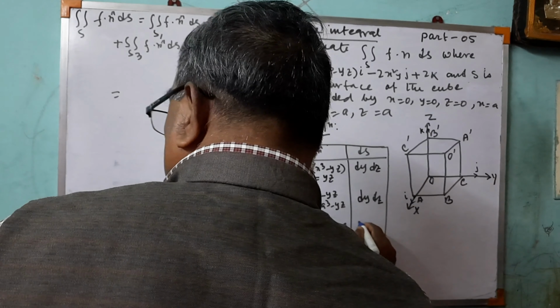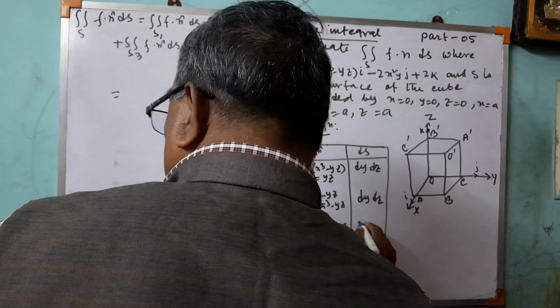Now for S2, you have to find the integral of f dot n ds. S2 is a cube minus yz, f dot n, then dy dz, all from 0 to a.